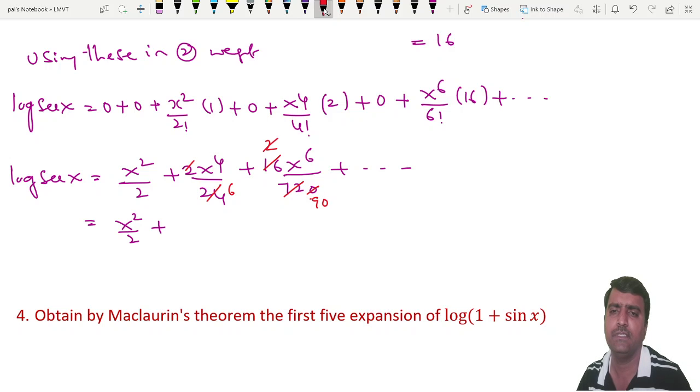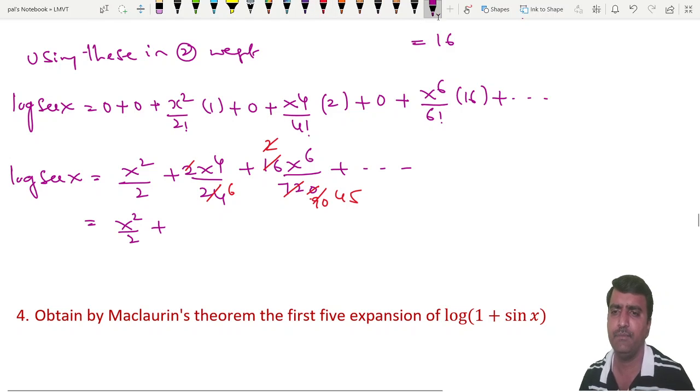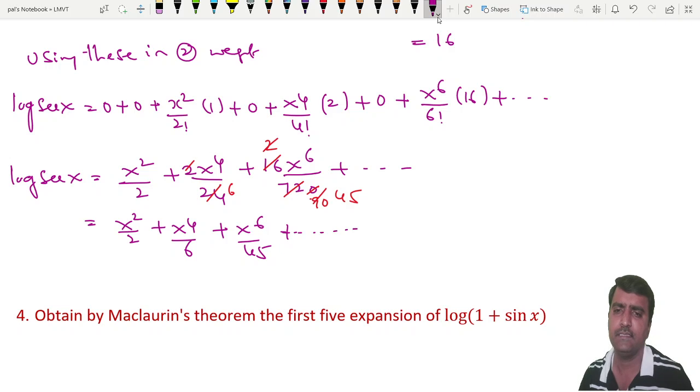Again, 2 ones are 2, 45s. So that series is x to the power 4 by 6 plus x to the power 6 by 45, and so on.